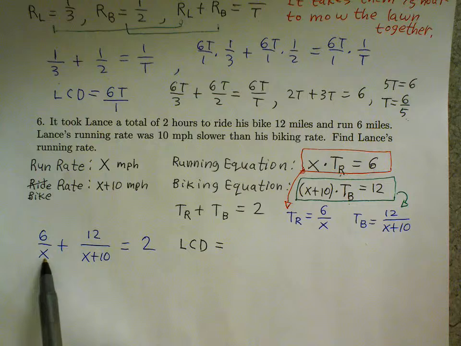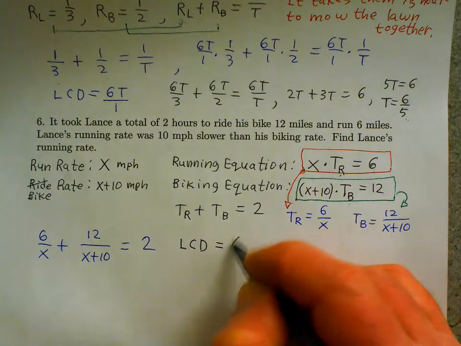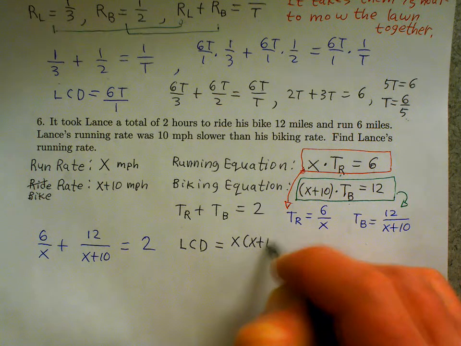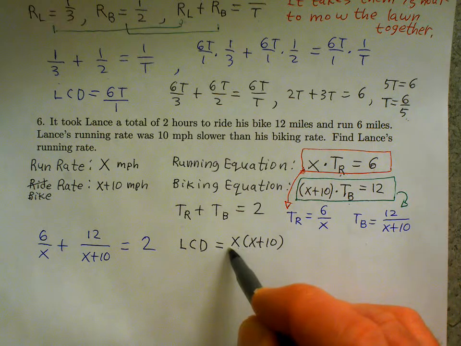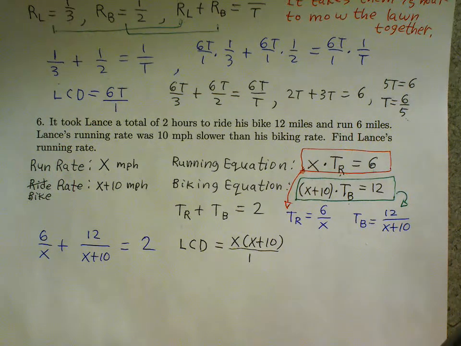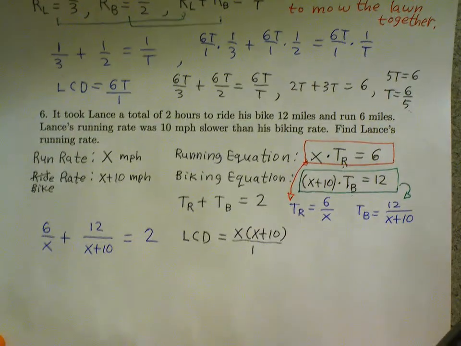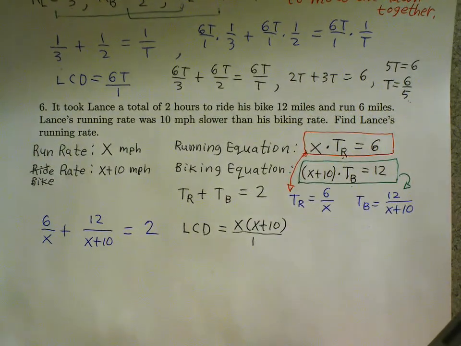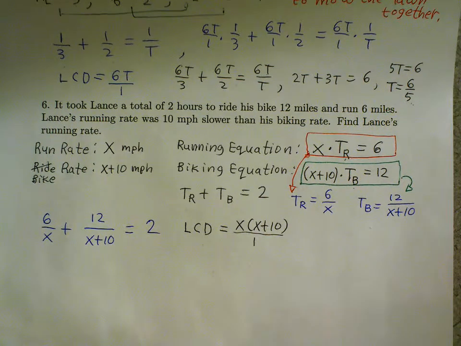The least common denominator is x times x plus 10. You can think of that as x times x plus 10 over 1. Then multiply every term on both sides by the least common denominator. And that will clear the denominators. Or, to be more mathematically correct, it will reduce every denominator to a factor of 1.